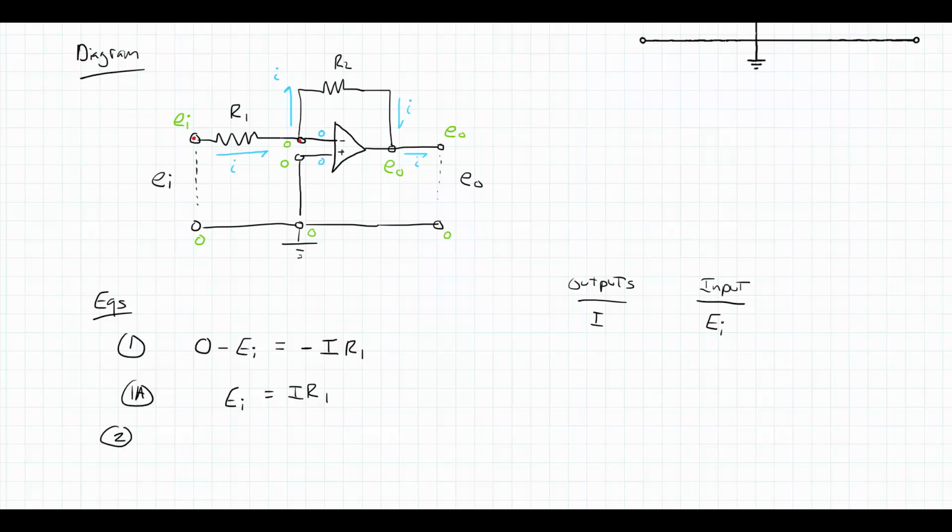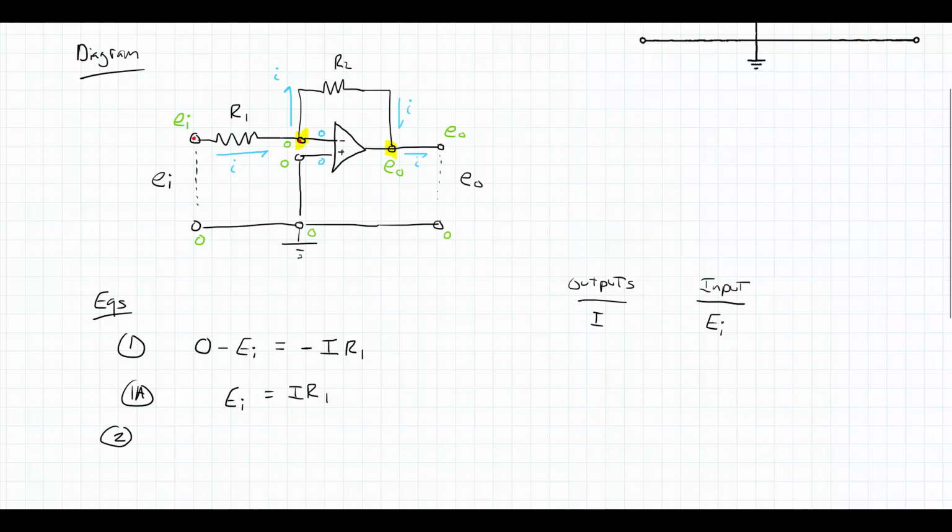So 2, I'm going to now look at a second set of nodes and look at the voltage drop between them. So for this one, I'm going to start where I ended the last one at that node, and I am going to go to this EO node over here. So to get from the start node to the end node, I am going to go across R2.